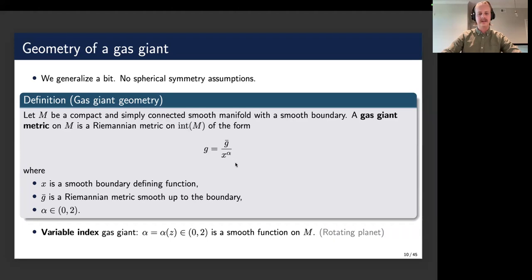So then you would get different alphas for different regions of the planet. But we'll return to this a little bit. Our main focus is going to be on the case where alpha is a constant. All right. Are there any questions on this model yet, or should I go to the basic problem?